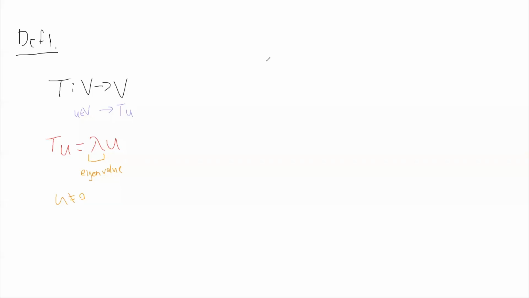Let's say we want to find out what T of x is, where x is again some vector. In order to evaluate this operation, most of the time we're going to find some matrix A to represent the operator for T, and then multiply that by the vector we have.